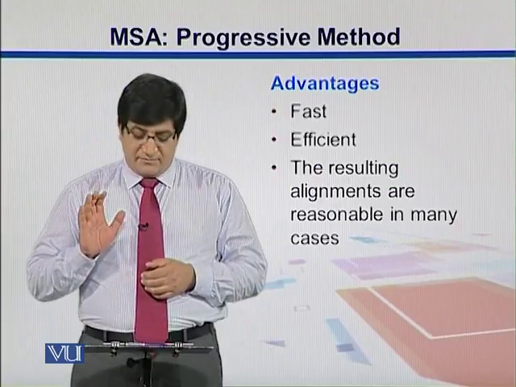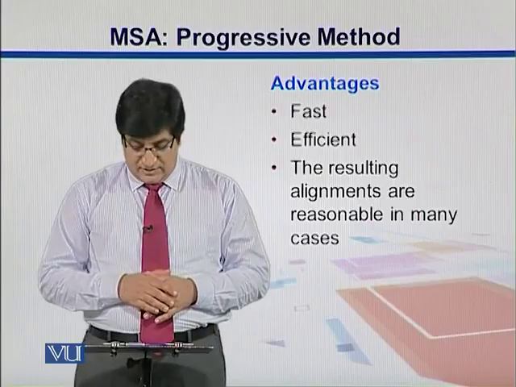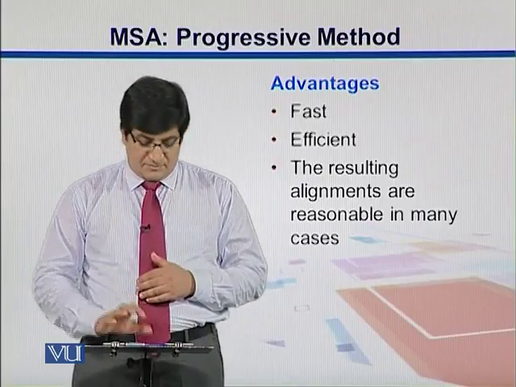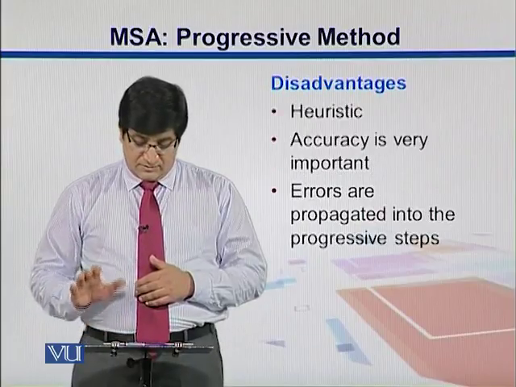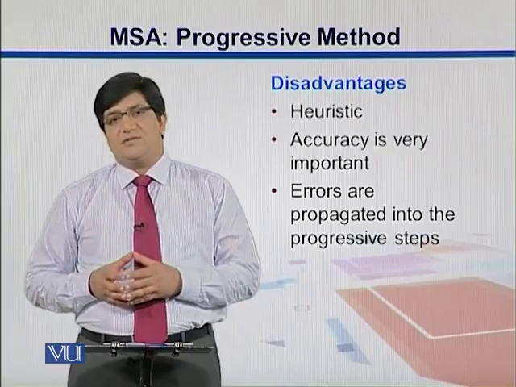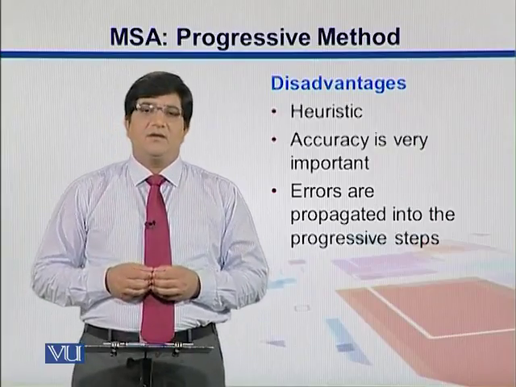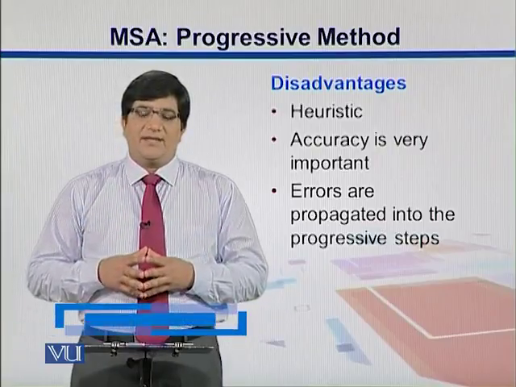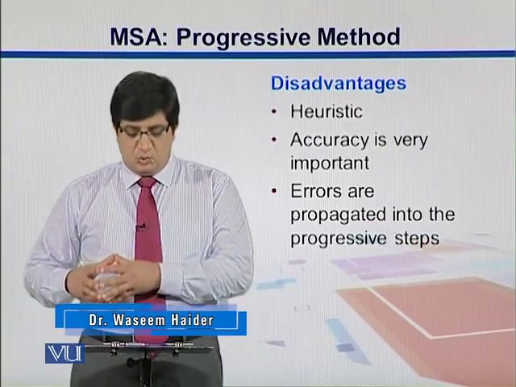This method is fast and efficient, and the alignments are reasonable. In many cases they are acceptable, but the disadvantage is that these are not exact or optimal solutions. They are heuristic solutions, which are quick and fast but may not be exact, may not be entirely true.